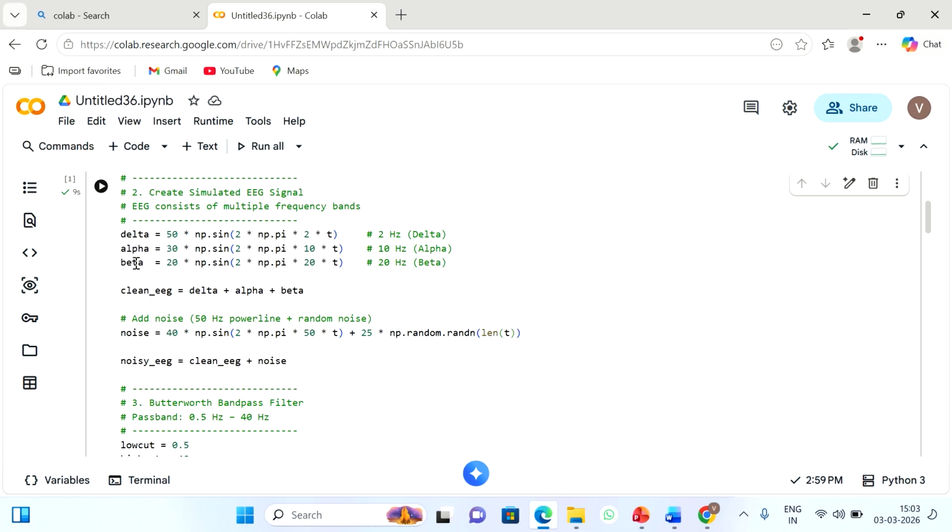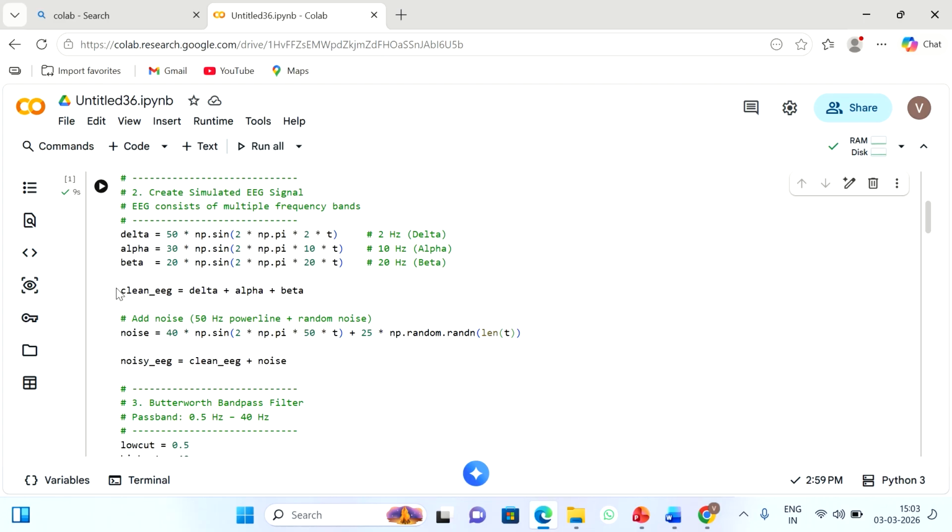Why have we not included theta? It is very low in magnitude, and it is caused only in abnormal conditions. That is why we are not taking theta. So four components are present in EEG, but we consider only three.